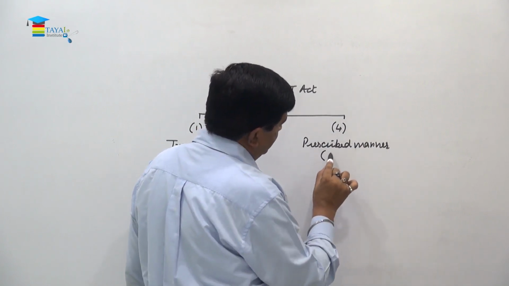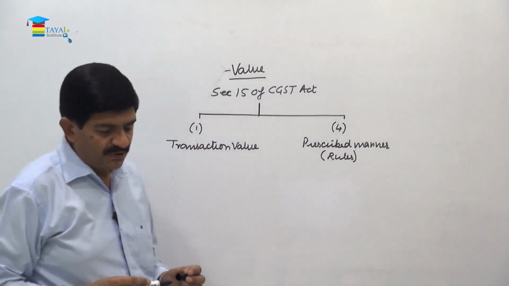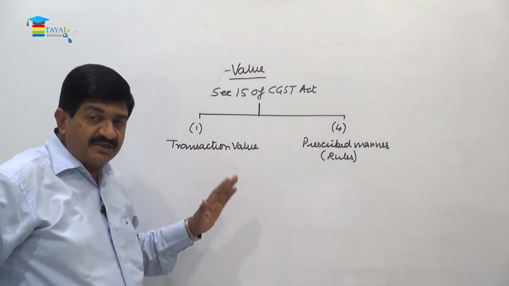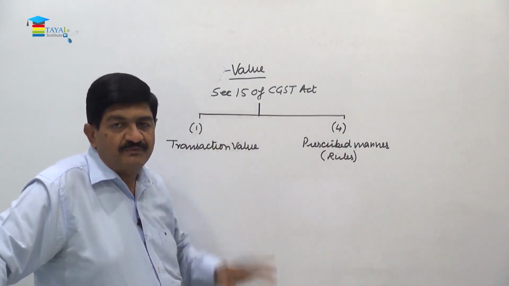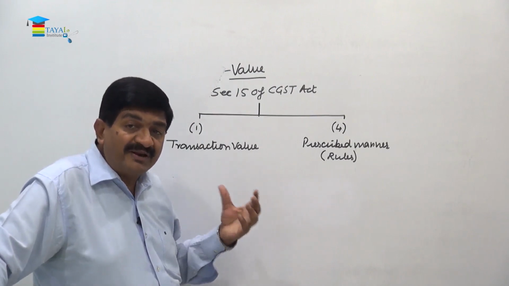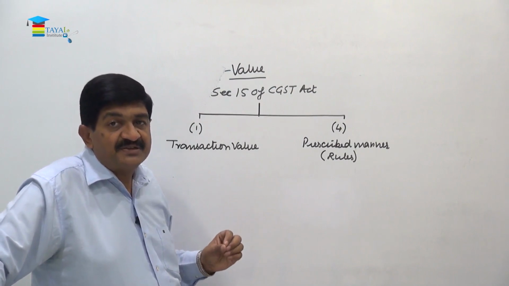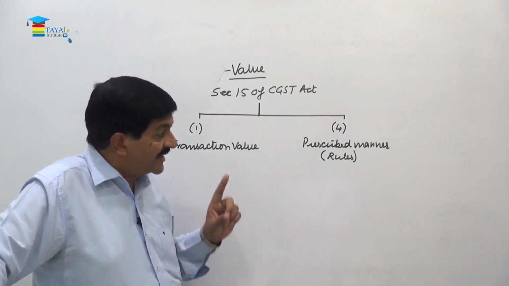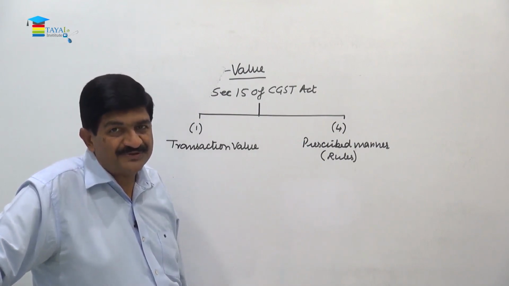In nutshell, this is rules. So where there is no transaction value, the valuation has to be done under subsection 4. Where transaction value is there, but for some reason it is not acceptable because conditions specified in subsection 1 are not fulfilled, in that situation also the valuation has to be done as per the rules.